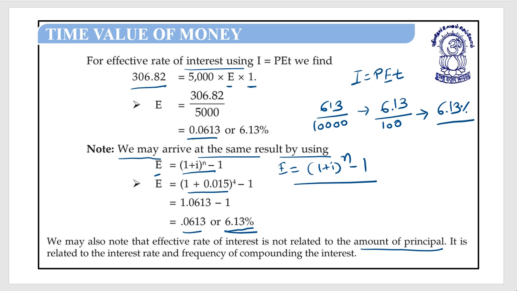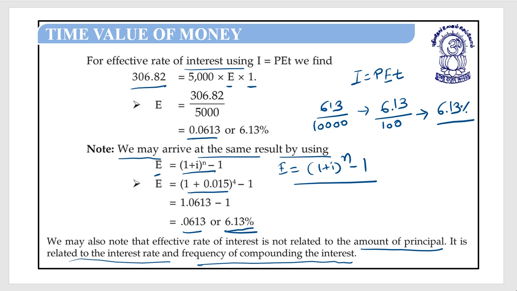We may also note that the effective rate of interest is not related to the amount of principal. It is related to the interest rate and frequency of compounding the interest. In this formula, E is equal to (1 plus I) raised to n minus 1, principal is missing. So capital E, or effective rate of interest, is not related to the amount of principal.